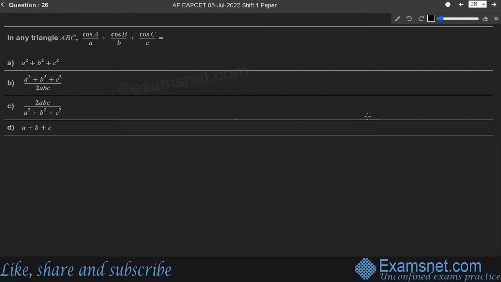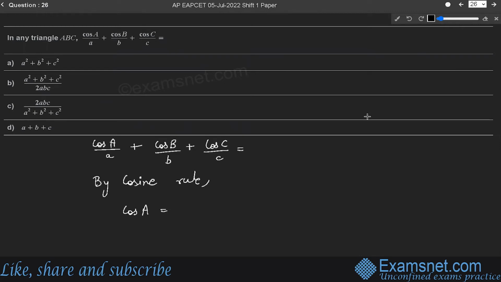Next question is, in any triangle ABC, cos A divided by a plus cos B divided by b plus cos C divided by c is equal to. We have to find its value. So by using the cosine rule, we know that cos A is equal to (b² + c² − a²) divided by 2abc.